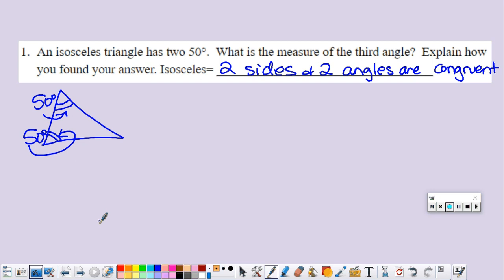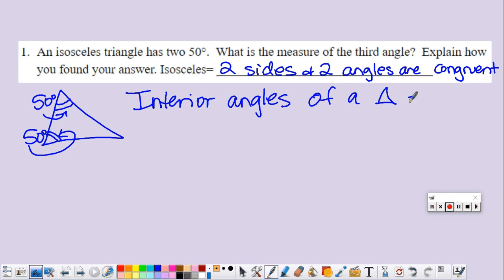Okay, how are we going to solve this? Eva, what do you think? Why would we take it away from 180? All the interior angles, we already said this, but the interior angles of a triangle measure to be how much? 180.